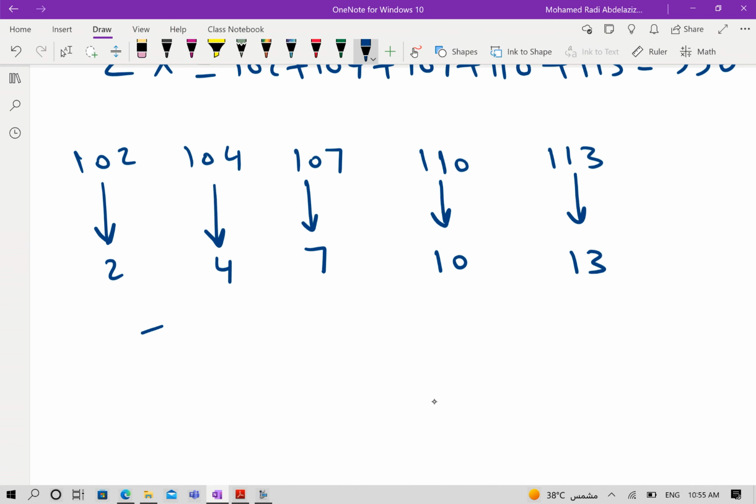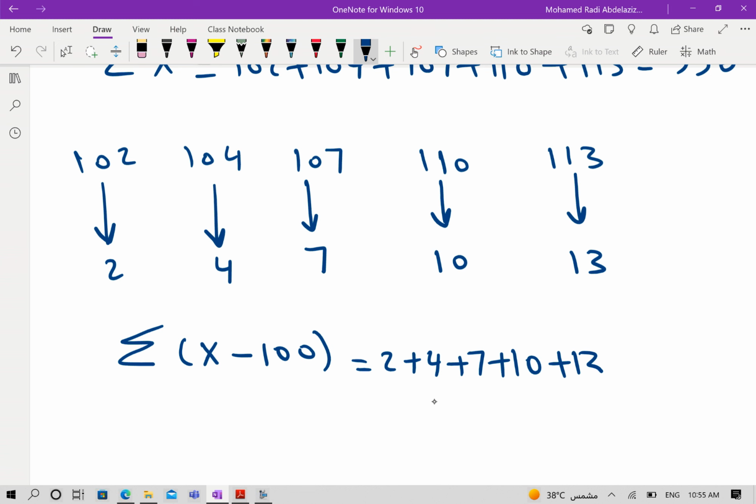So if we try now to get summation of x minus 100, the sum of all values after subtracting 100 will be 2 plus 4 plus 7 plus 10 plus 13. So now it's easier to find the sum even without using the calculator. So we use coding to make the calculation easier.